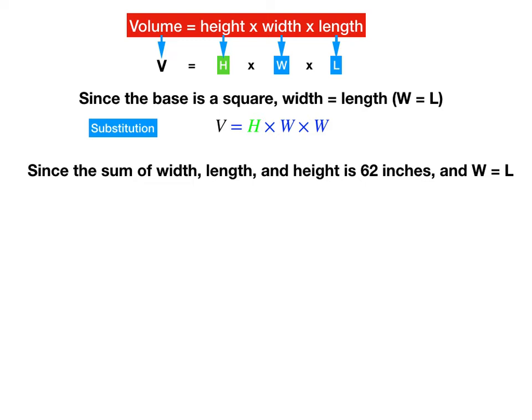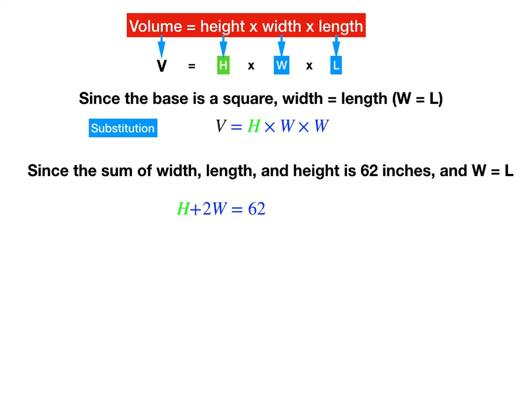Another piece of information we have is that the sum of the width, the length, and the height is 62 inches. Also, the width equals the length. Then we can come up with an equation that describes the relation between the width, the length, and the height in terms of the sum, which is h plus 2w equals 62.